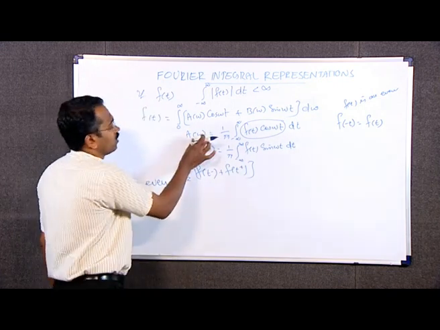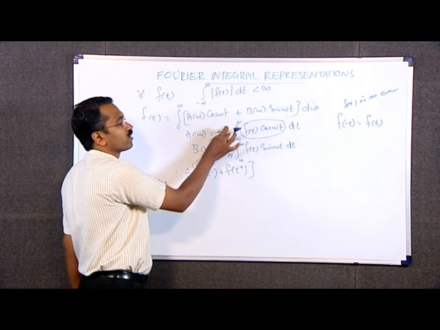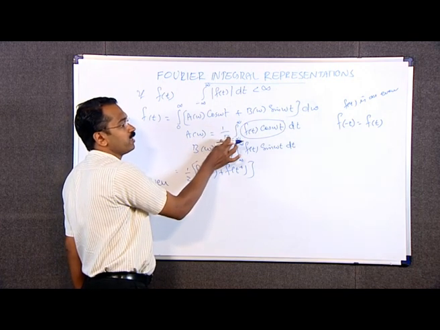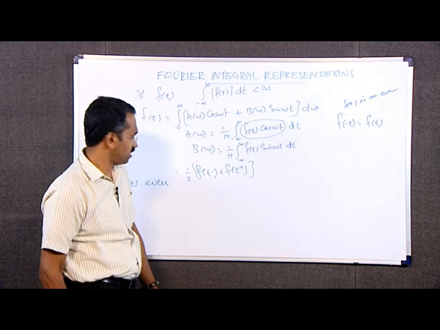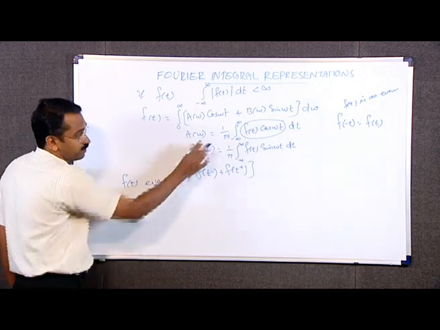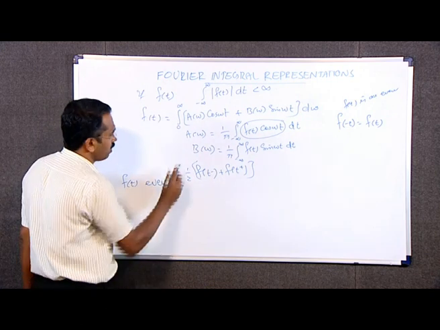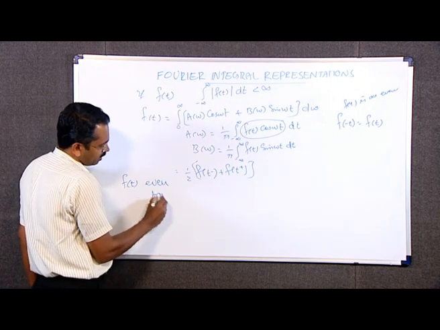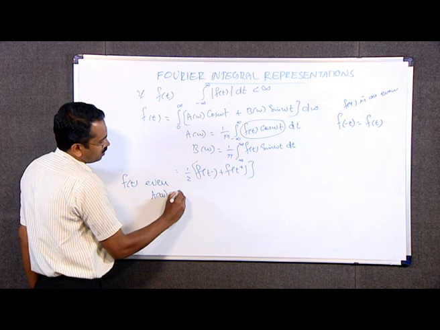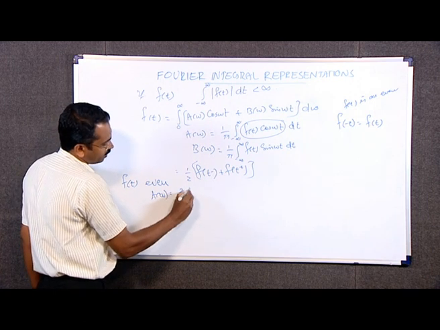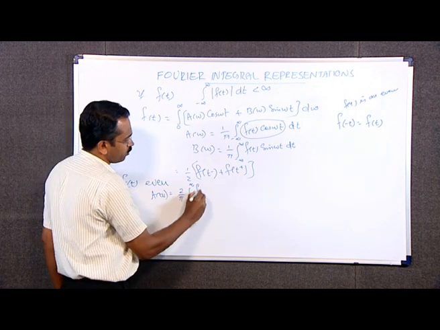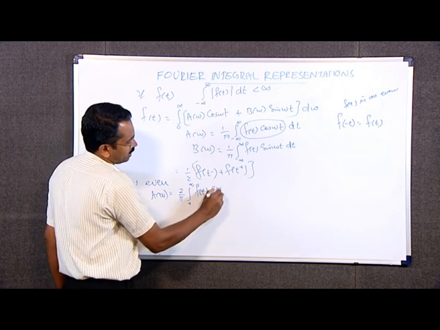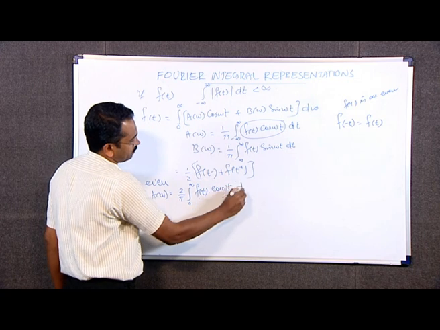Therefore, by the property of definite integral, we can write a omega as 2 by pi into integral from 0 to infinity f of t into cos omega t dt.